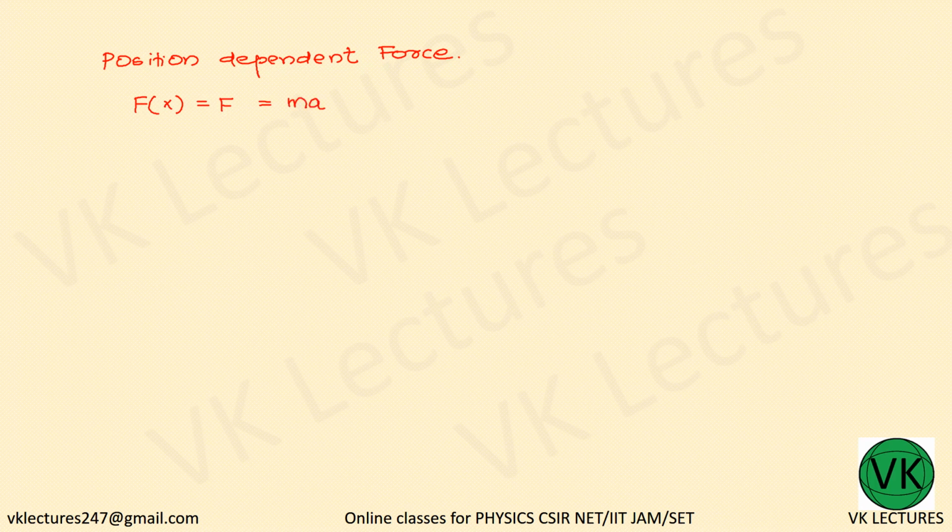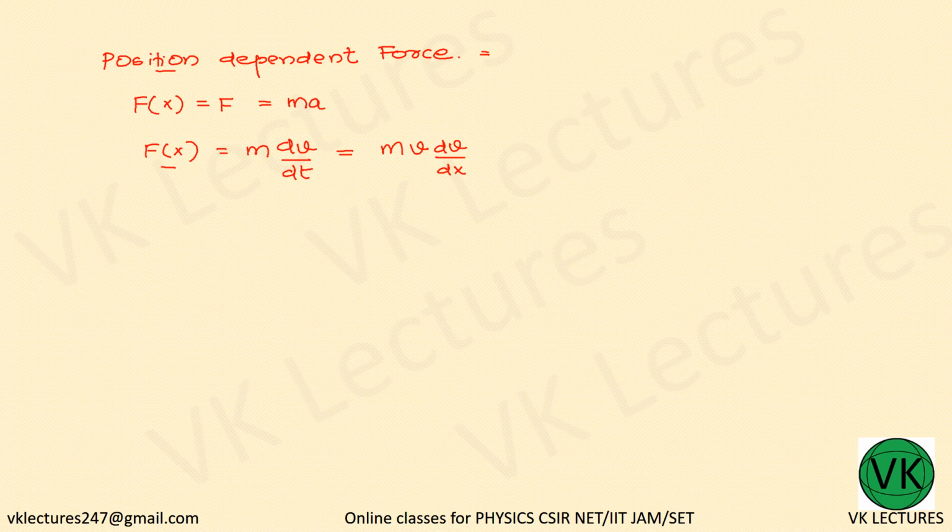So we can write F of x is equal to m dv by dt, or we can also write it as m v dv by dx. Now since it is a position dependent force, we will write force as mv dv by dx.